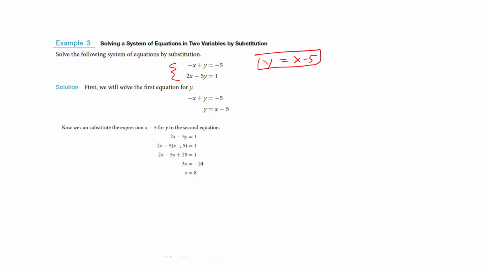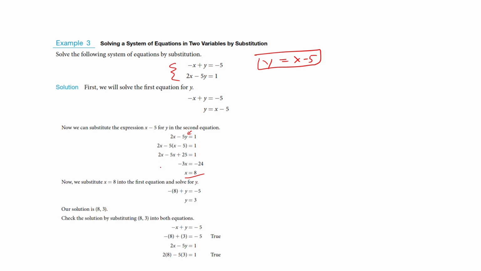So remember, you sub something in. If this is y, I'm replacing it with x minus 5. So I put it in parentheses, I distribute, and when I solve this, I find the value for x to be 8. Now that's only one part. Let's find its partner. I can put 8 into either of the equations, and if I do, I find that y equals 3.